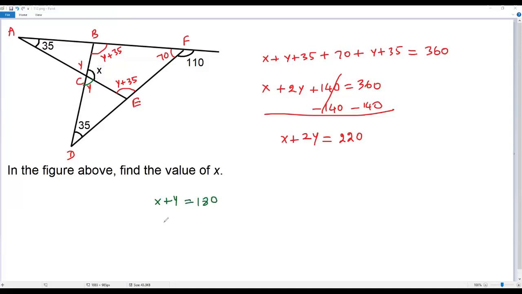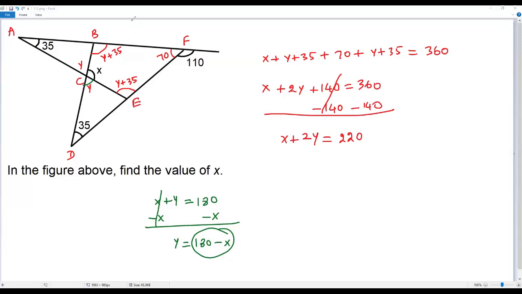Now let's solve for y. I subtract x from both sides, the x terms cancel out, and I get y equals 180 minus x. Now I have y in terms of x, so we can plug in 180 minus x for y, and we'll have an equation only in the variable x.